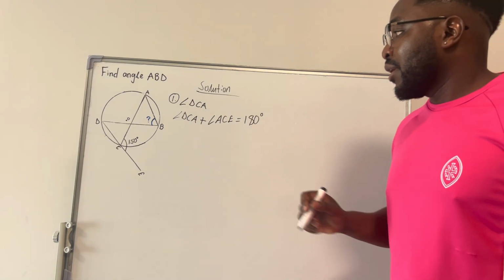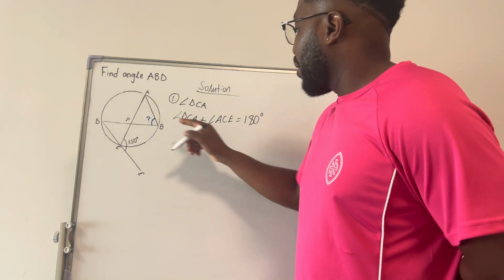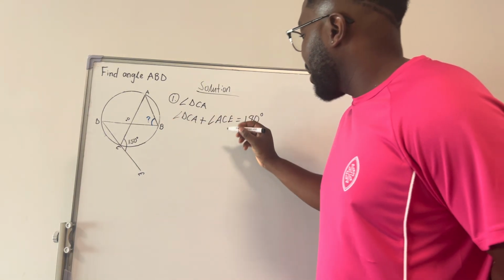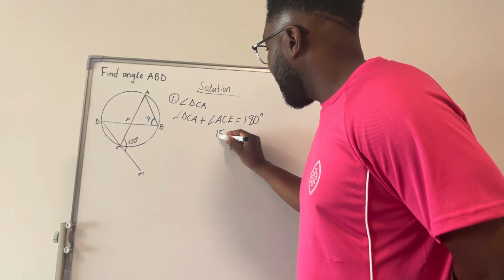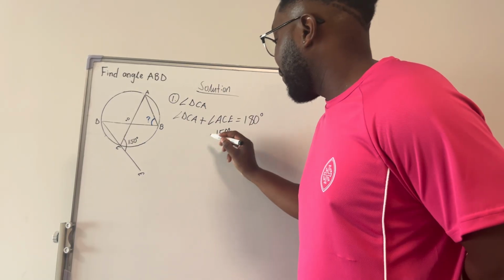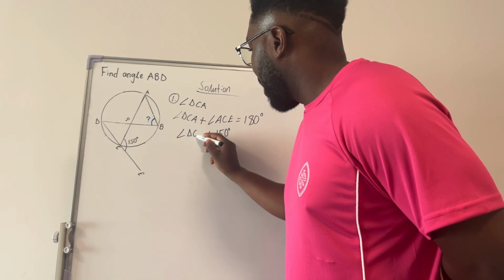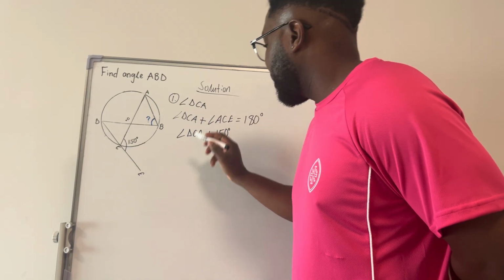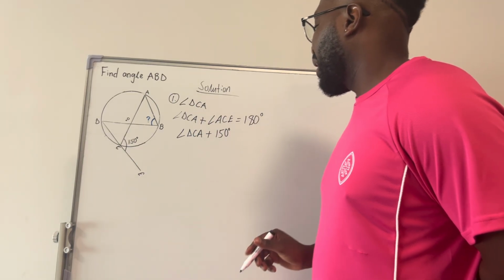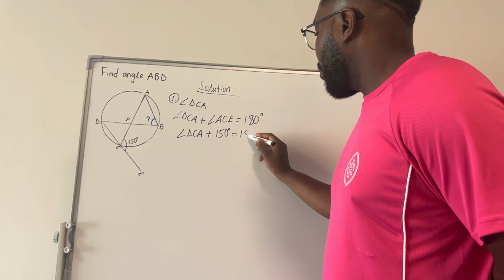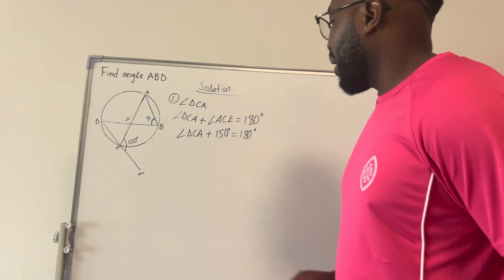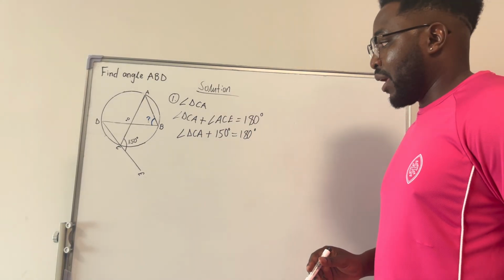And we already know that our angle ACE is 150, because it's been given. And we just drop down angle DCA equated to 180 degrees.